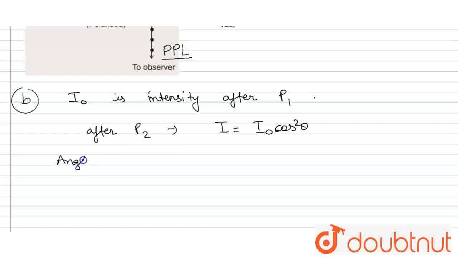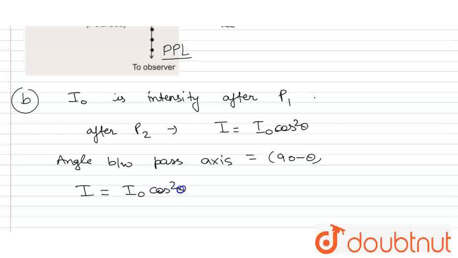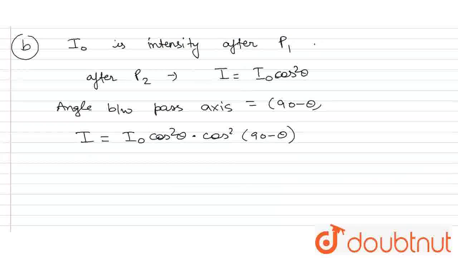So the angle between the pass axes will be 90 minus theta. So put the value, I will become I naught cos square theta into cos square of 90 minus theta.